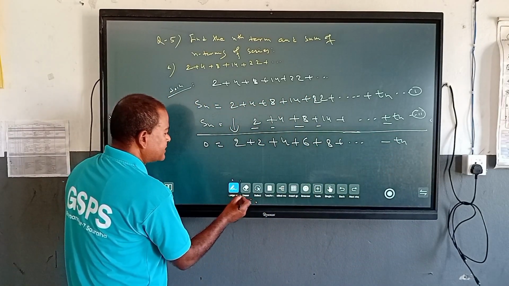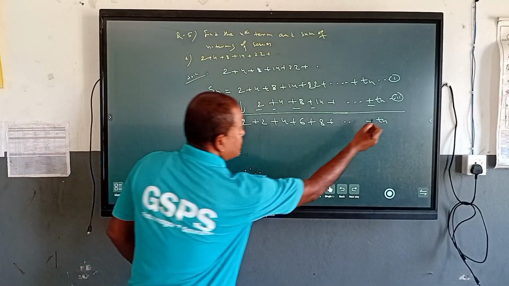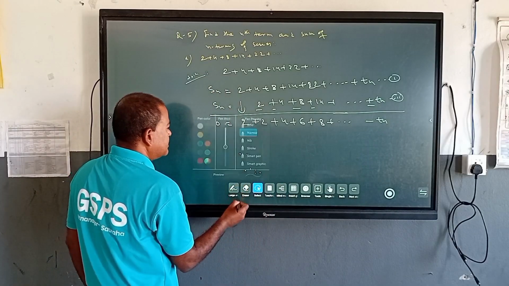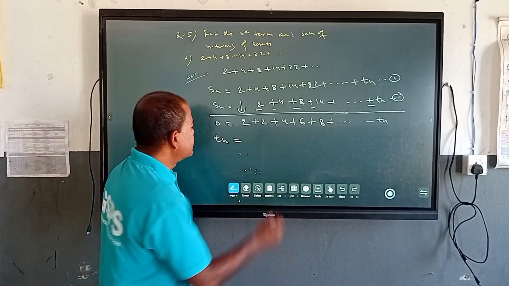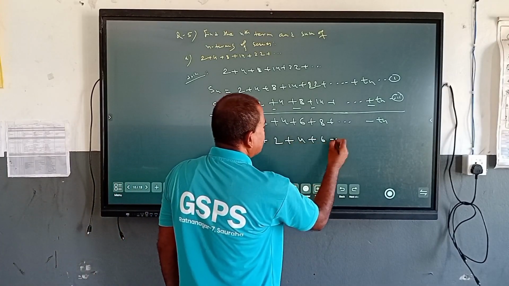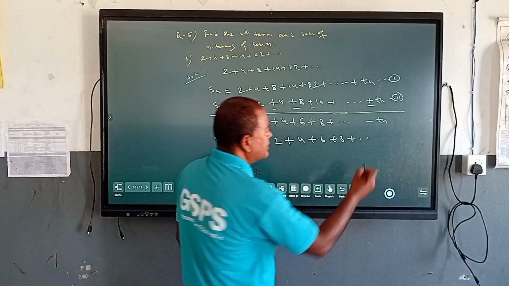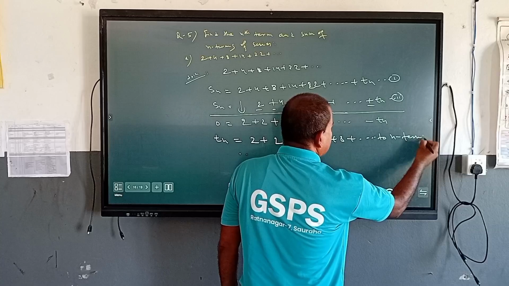Now let's move minus Tn to the left side. Minus Tn will become plus. Other terms we keep as it is, plus 2n terms.